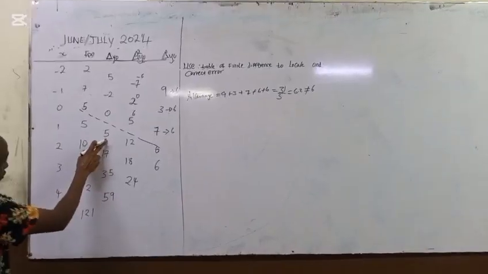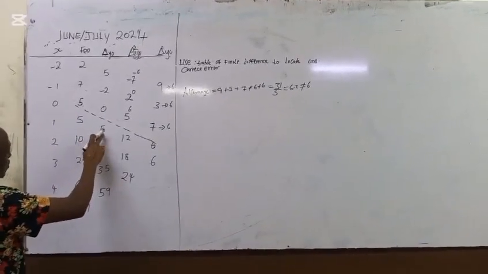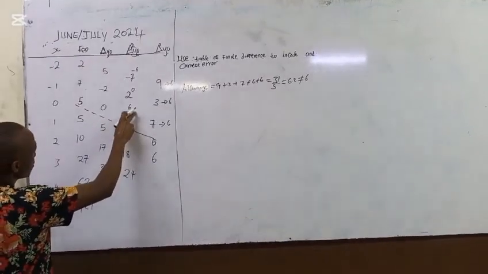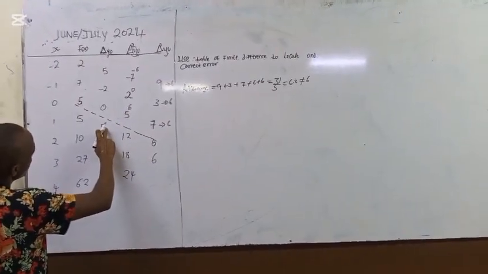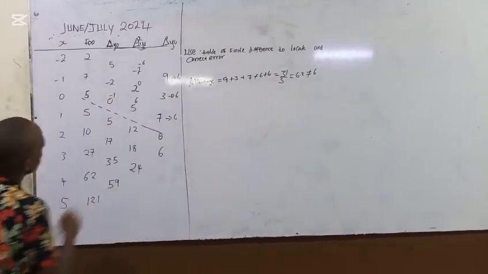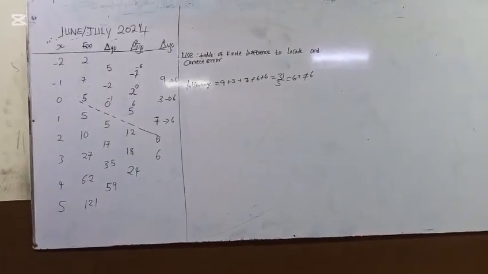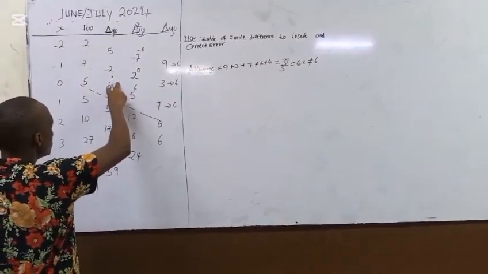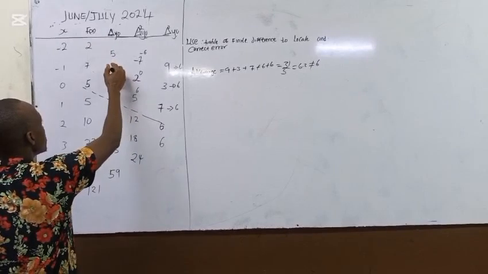Again, you ask yourself, from this and now this 5, which number, if we subtract from 5, we get 6? Which number, if we subtract from 12, we get 6? The number is minus 1. 5 minus 1 is equal to 6. Which number, if we subtract from minus 1, we get 0? The number is minus 1.